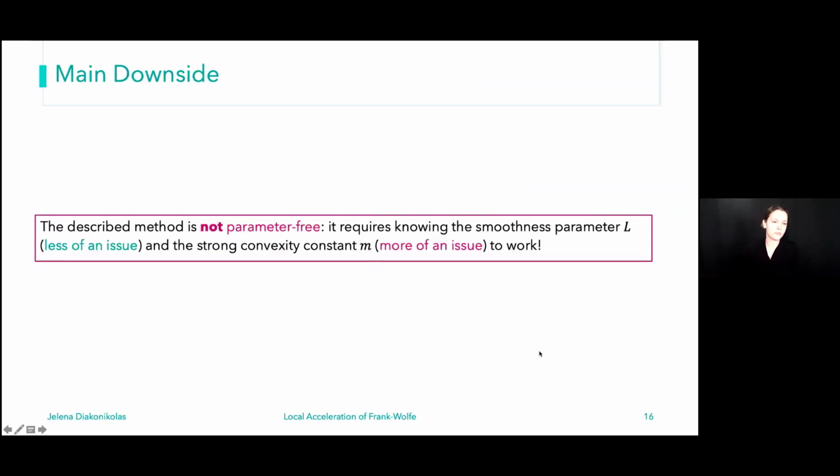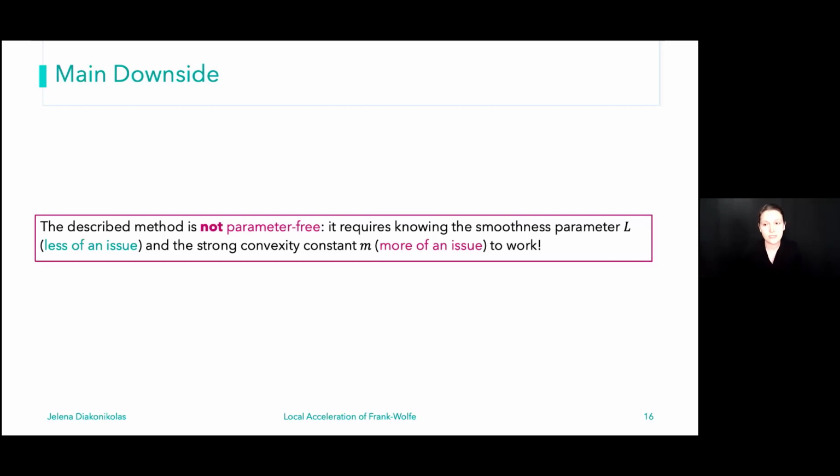So now the main downside of this method is that it is not parameter free. I swept this under the rug, but to determine when to restart, you actually need to know the smoothness parameter and the strong convexity constant. The smoothness parameter is less of an issue. There are standard ways, such as backtracking line search, that can help you get away with not knowing it.